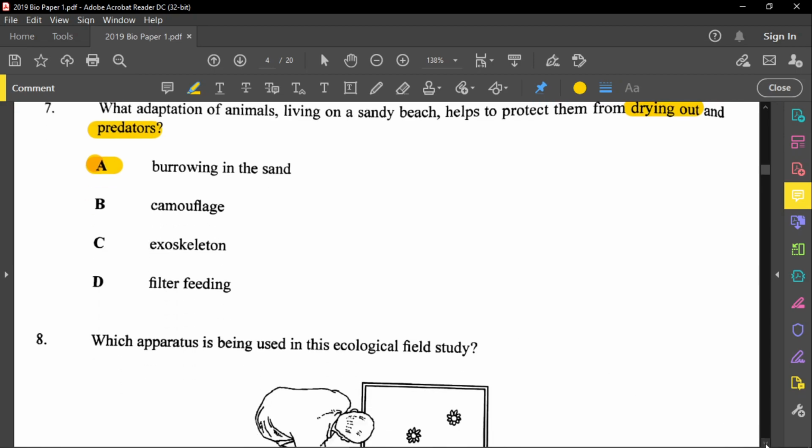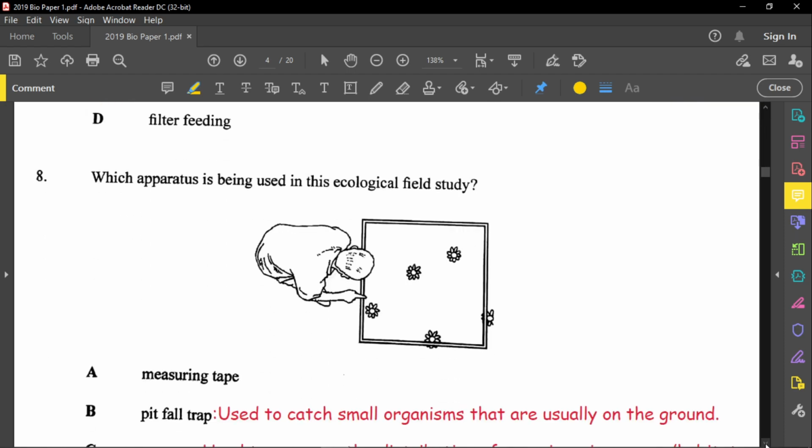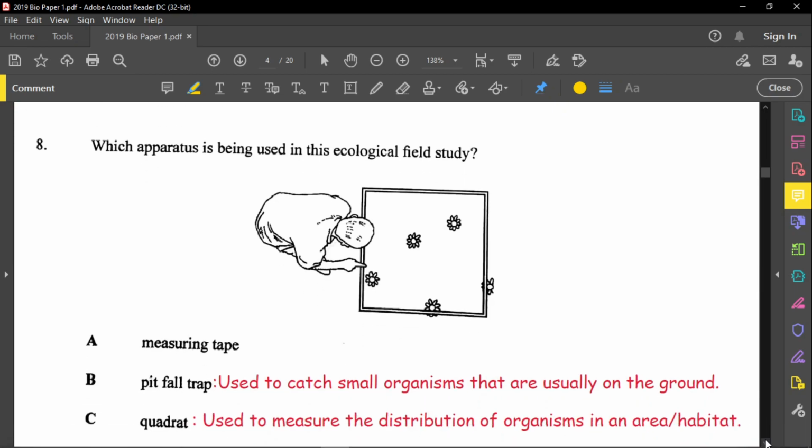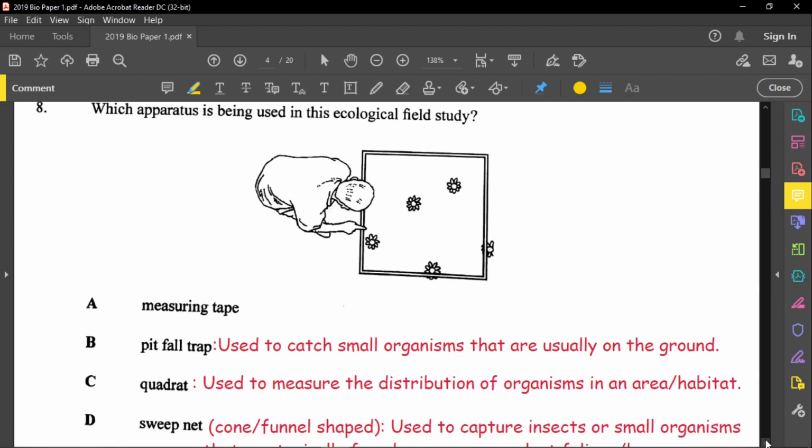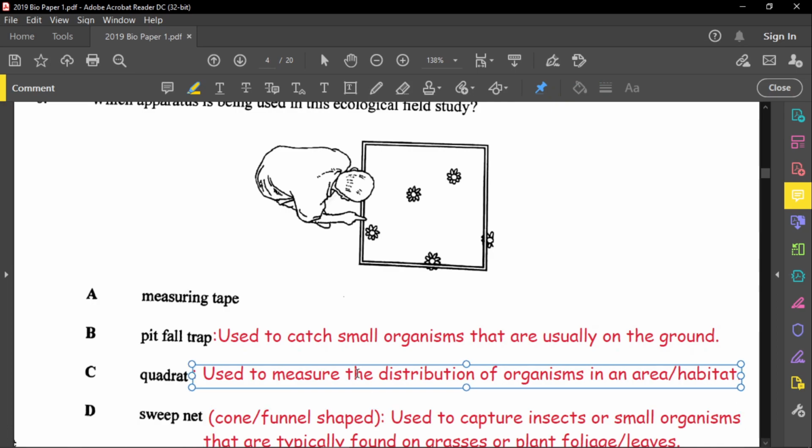All right, question number 8: which apparatus is being used in the ecological field study? I made some special notes here for you, just to save some time. This apparatus is called a quadrat, and I'll talk about what these are in a minute. A quadrat will be in squares.